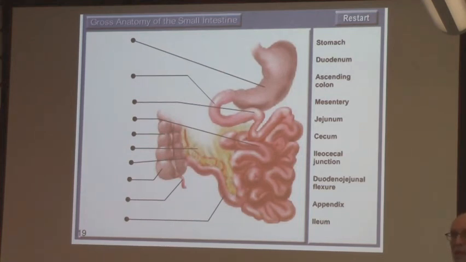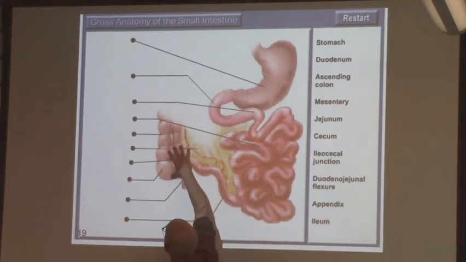The starburst thingy is the appendix. That little dongle is the vermiform appendix. Is that the cecum? Yeah, so that's the cecum right there. This right here is the cecum.